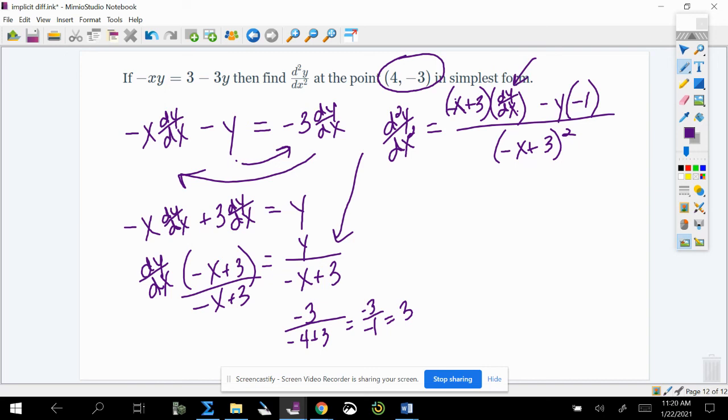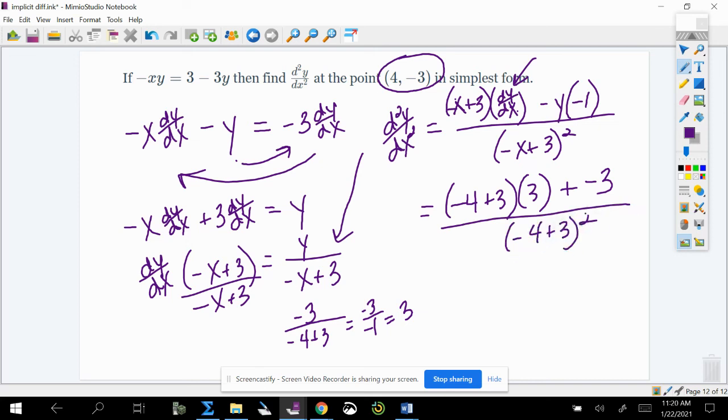It is much easier if you can get it down to just a single number. So then I'm going to put everything else in. So I get negative 4 plus 3 times 3. Minus a minus would be plus y, which is negative 3, all over negative 4 plus 3 squared.